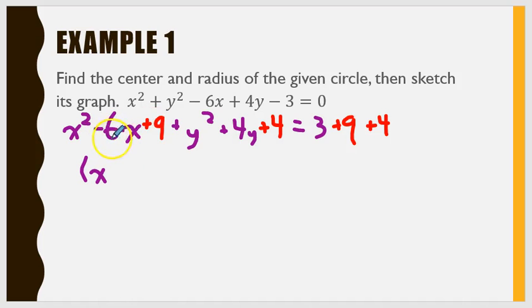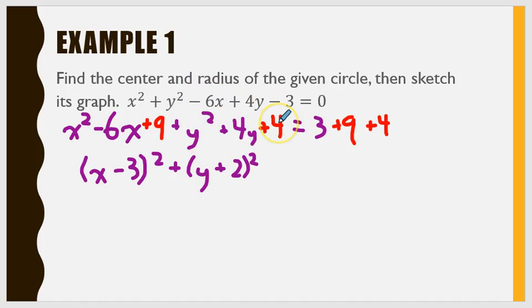Before we squared it, half of the middle number was -3, so it's this binomial squared. You can FOIL it out to check it, but that's why we added 9. It's so that this would factor down nicely to be x plus or minus a number squared. Same thing for the y's. The reason we added that 4 to both sides of the equation was because now if I write half of the middle number, so y plus 2 in this case, squared, this is equal to the trinomial I have here.